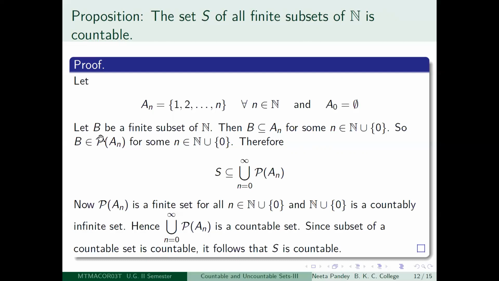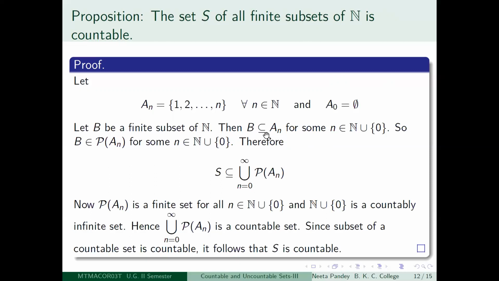To determine that, you just look at the maximum element of B. So 57 is the maximum element of B. If you look at A_57, that is all positive integers up to 57, it will contain 21, it will contain 51, and it will also contain 57. So B will be a subset of A_57. So how are you determining this n for a non-empty B? You are just looking at the maximum element of B, and if that is little n, then B will automatically be a subset of A_n.